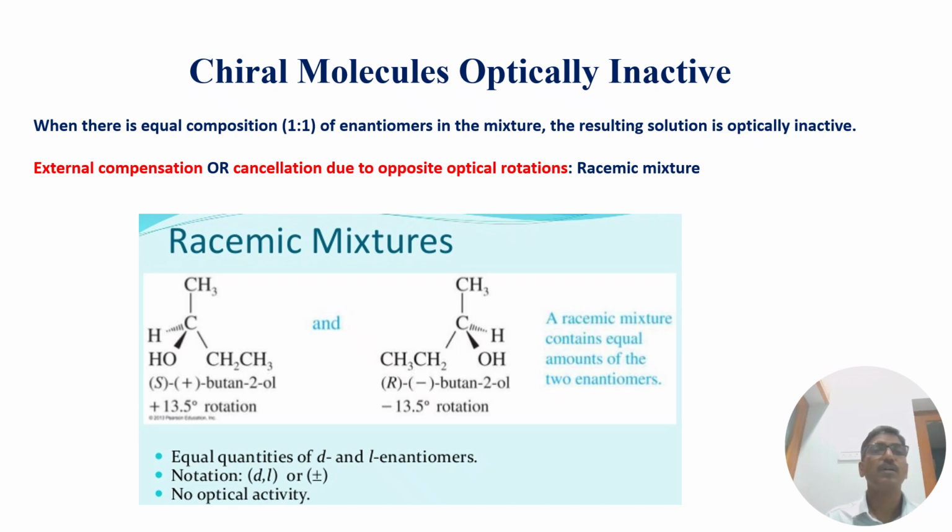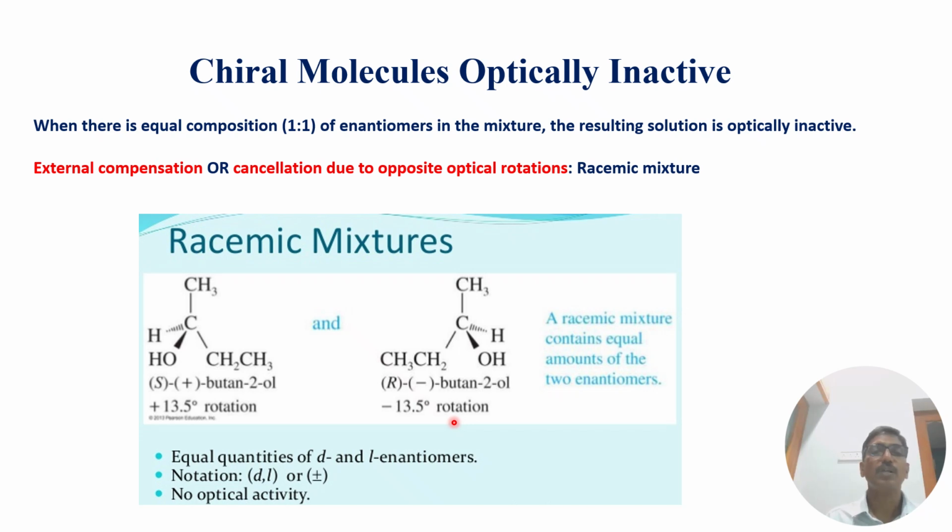The reason is internal compensation or cancellation due to opposite optical rotations. That is nothing but a racemic mixture. The racemic mixture contains 50% of one enantiomer and 50% of the other enantiomer, S as well as R. The rotation, if you look into that, one has plus 13.5 degrees, whereas the other has minus 13.5 degrees.